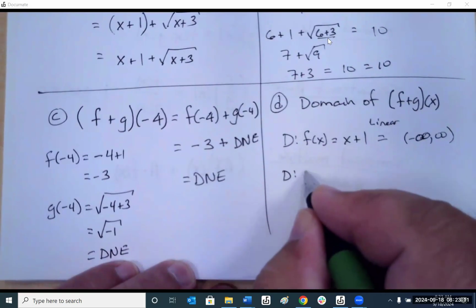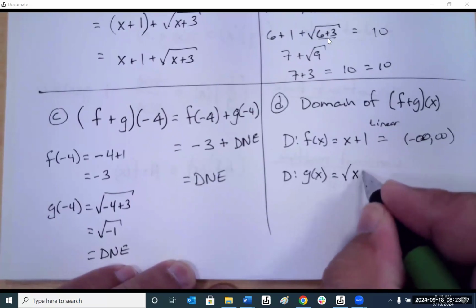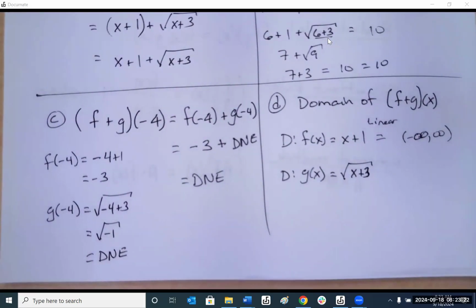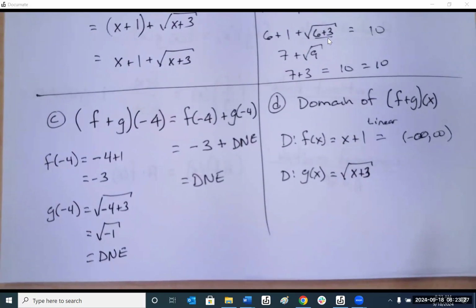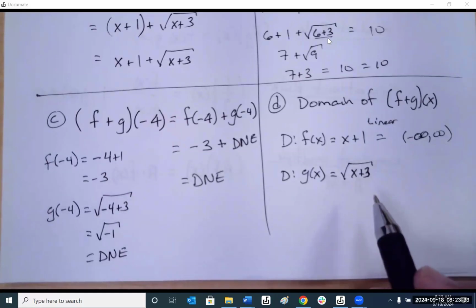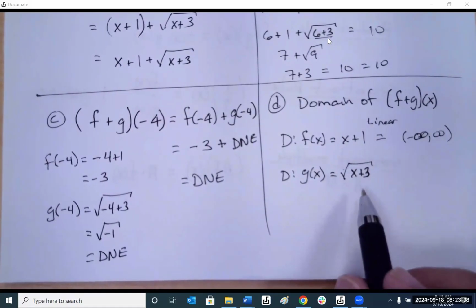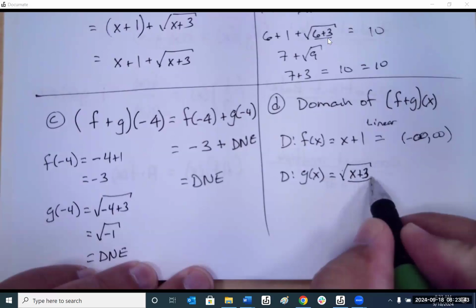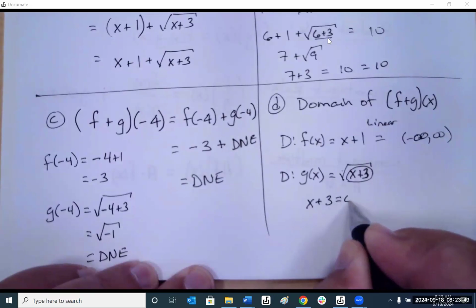Now let's look at the domain of g of x. Square root of x plus 3. What kind of equation is this? Nope, it's radical. It's a square root. So what's the domain for the square root? The smallest the number inside here can equal is 0.